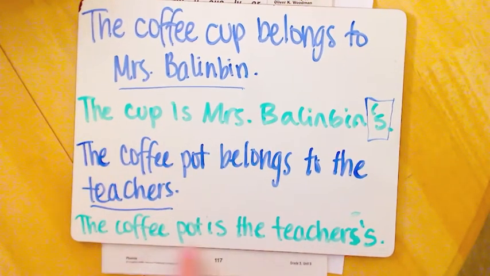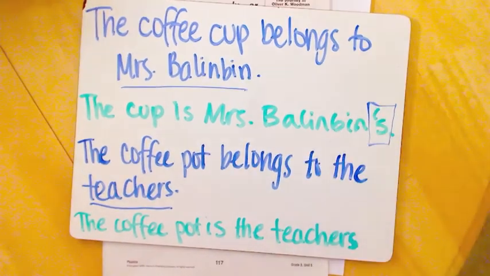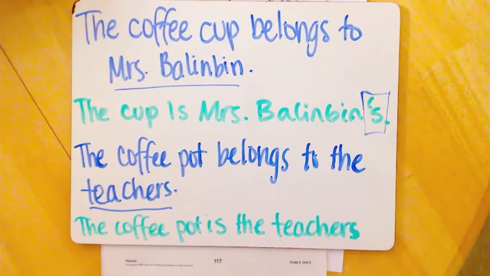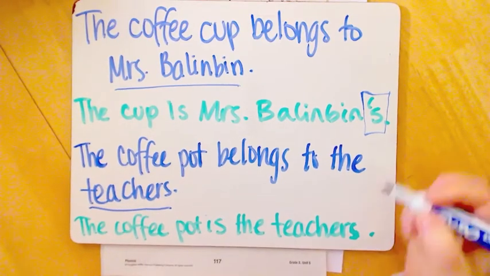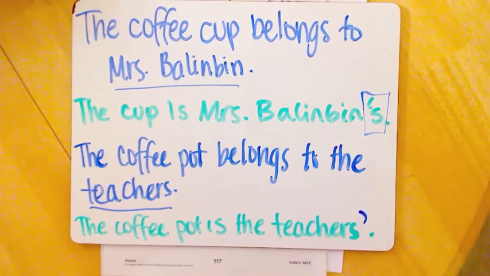The coffee pot is the teacher's. That doesn't make sense. So if the word already ends in an S because it's plural, more than one, I just put an apostrophe at the end. The coffee pot is the teachers'.